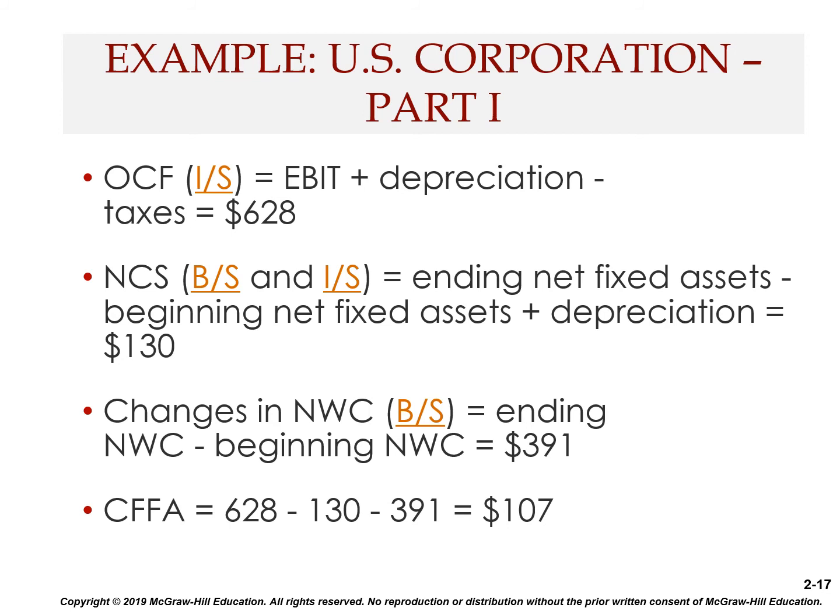Change in working capital. Working capital is the difference between current assets and current liabilities. So the first thing you have to do is go to your balance sheet and determine the net working capital as of 2018. 1464 is the current assets minus 389 current liabilities. $1,075.